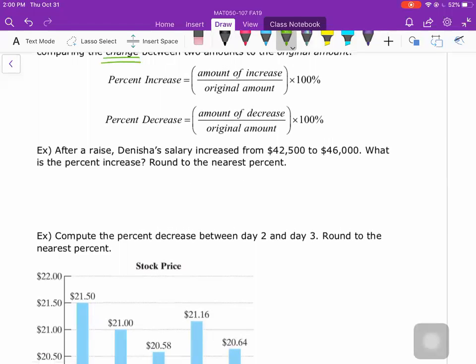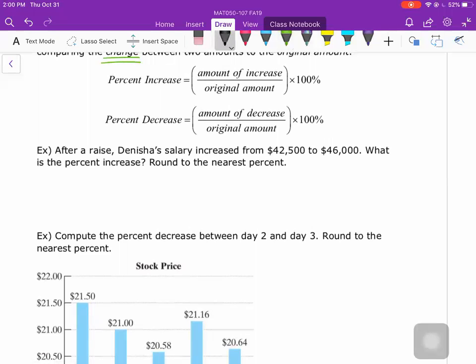After a raise, Denise's salary increased from $42,500 to $46,000. What was the percent increase? Round to the nearest percent. How do we know it's going to be percent increase other than the fact that it says it? Yeah, her salary got bigger.